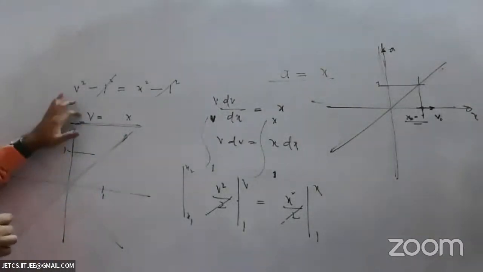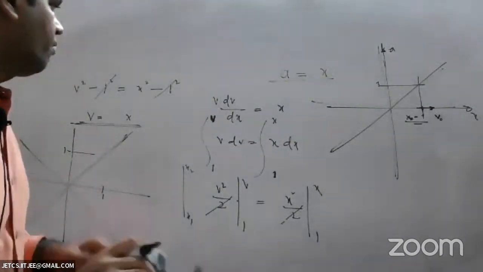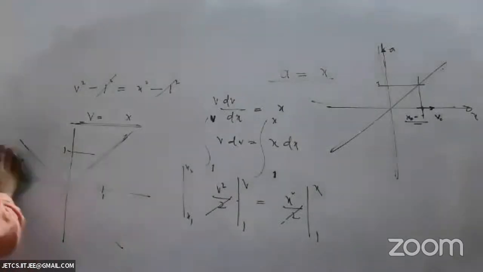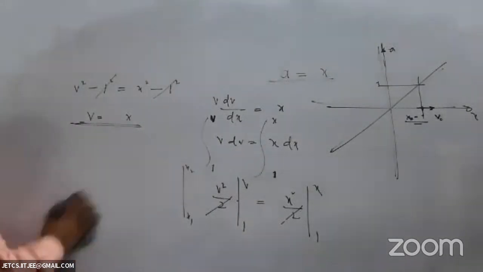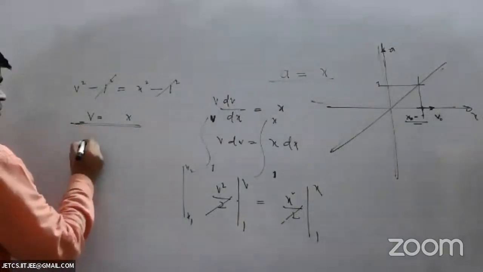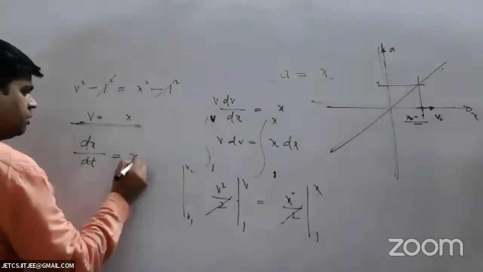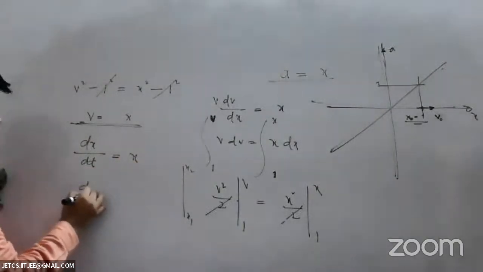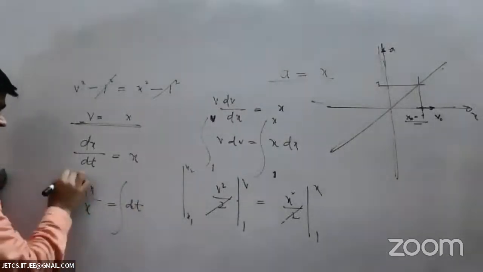Now what I do, I'll write v is equal to dx by dt. I integrate.